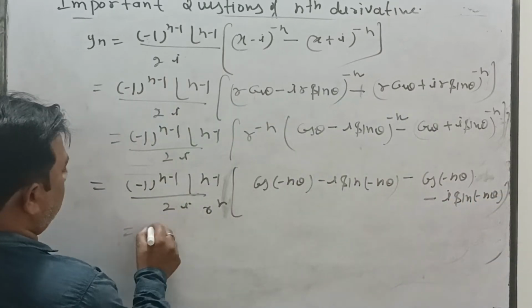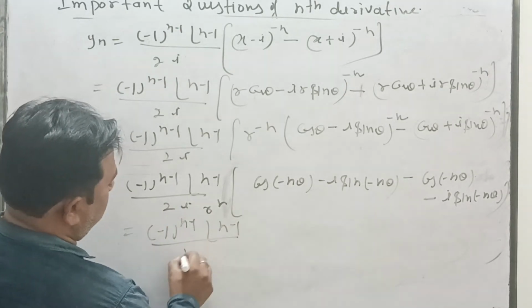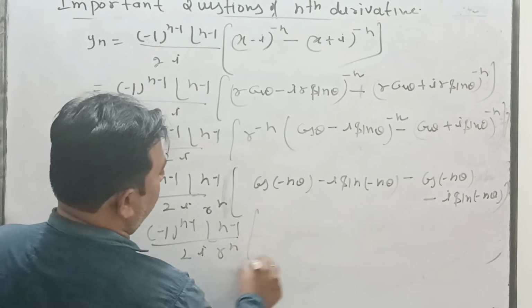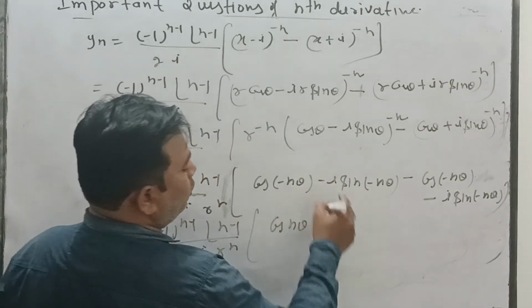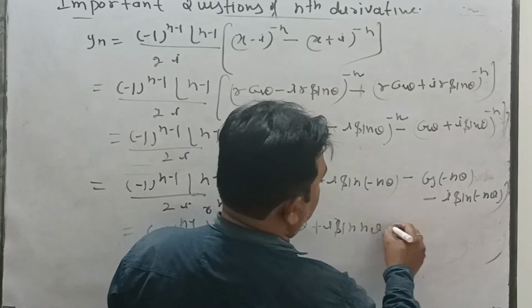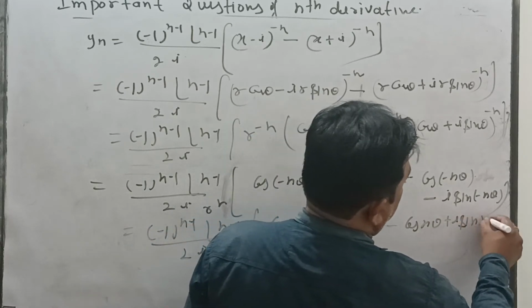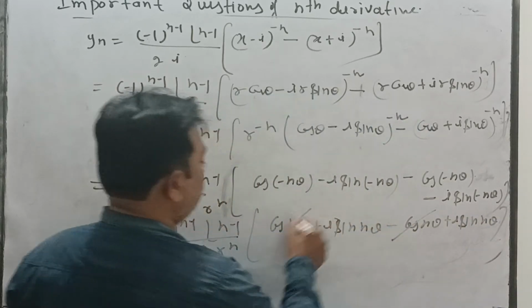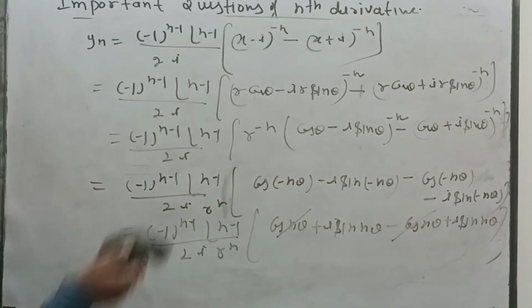This is minus 1 to the power n minus 1, factorial n minus 1, over 2i, r to the power minus n, times [cos n theta minus... plus i sin n theta], and similarly cos n theta plus i sin n theta cancel out.